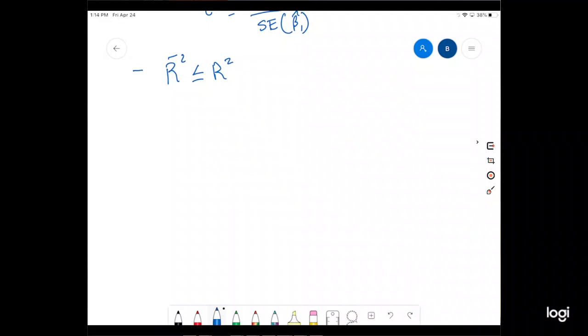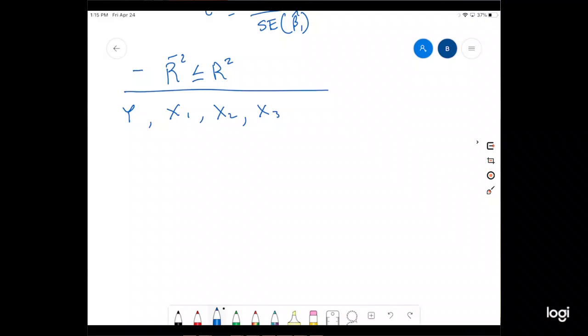Okay, suppose I give you a data set with y, x1, x2, and x3.